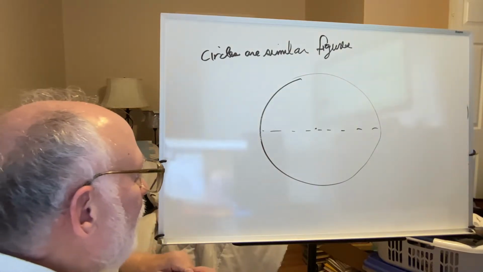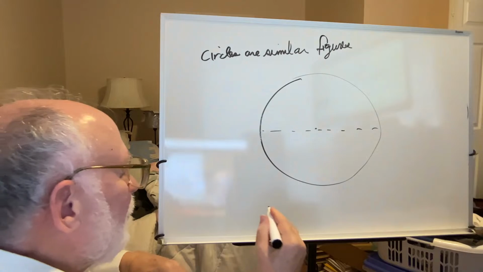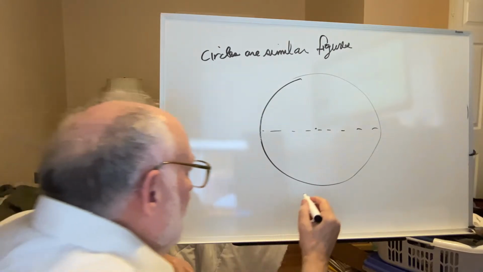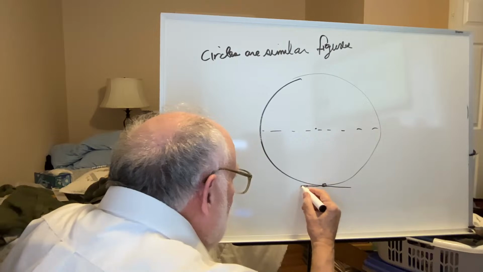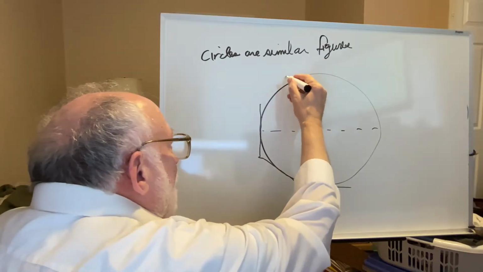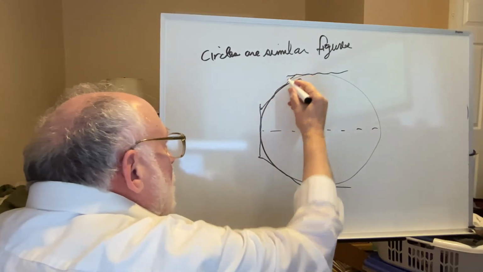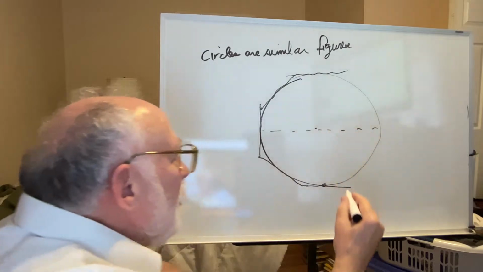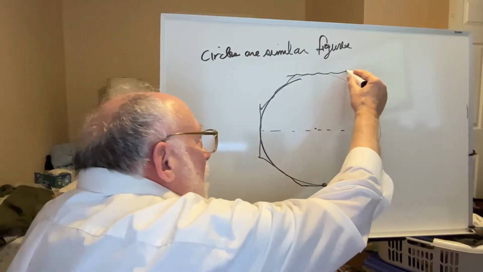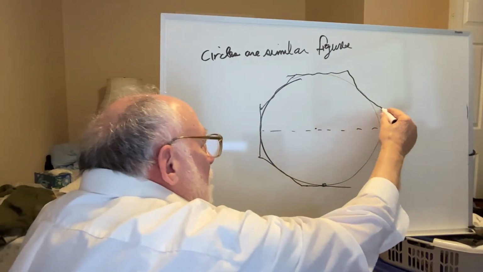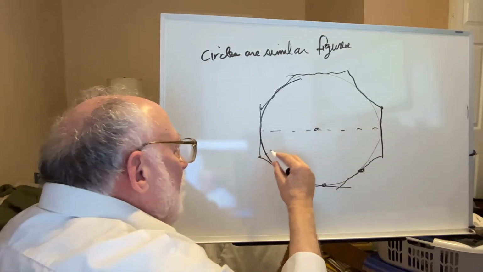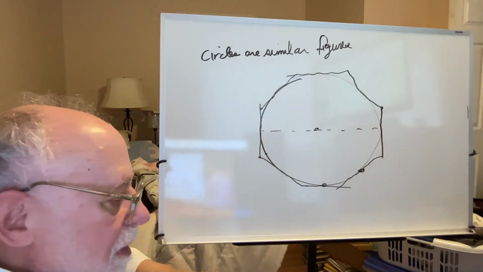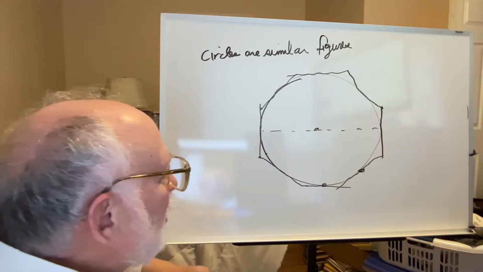Well, we can circumscribe this circle with regular polygons.